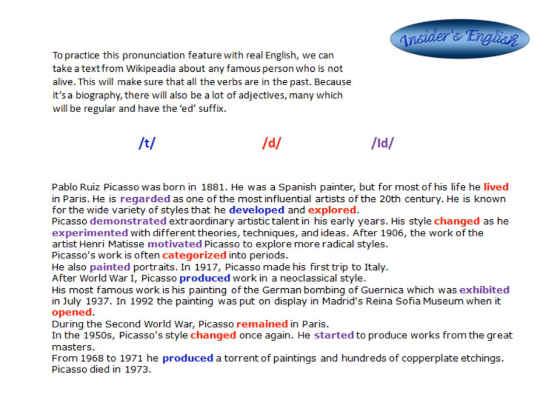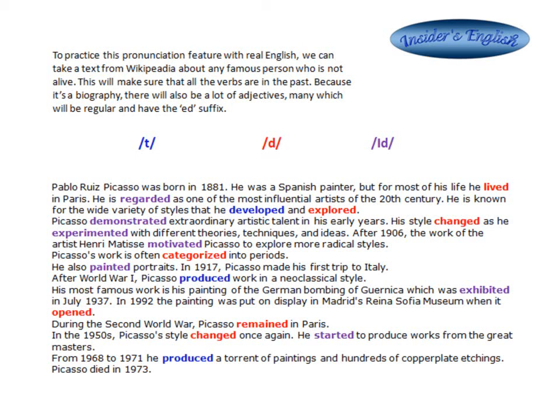To practice this pronunciation feature with real English, we can take a text from Wikipedia about any famous person who is not alive. This will make sure that all the verbs are in the past. Because it's a biography, there will also be a lot of adjectives, many which will be regular and have the ud suffix.